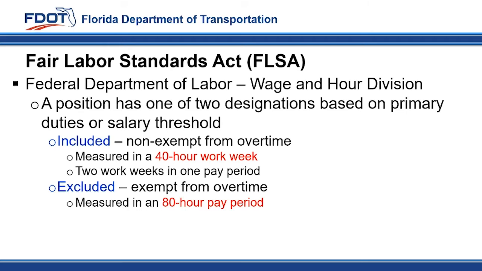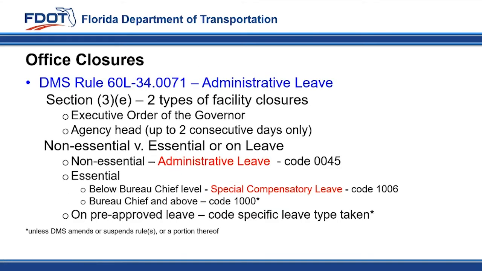go into effect. The Department of Management Services, DMS, is the agency responsible for promulgating rules pertaining to state personnel system employees. FDOT does not have the authority to alter these rules. Chapter 60L-34.0031, Florida Administrative Code, specifies two types of facility closures under emergency condition.